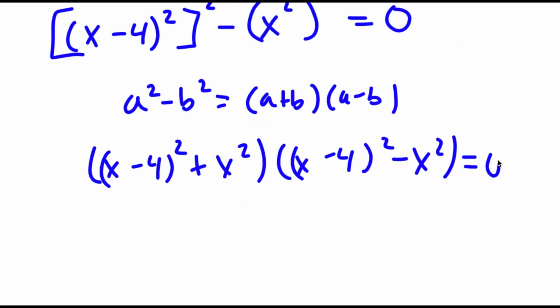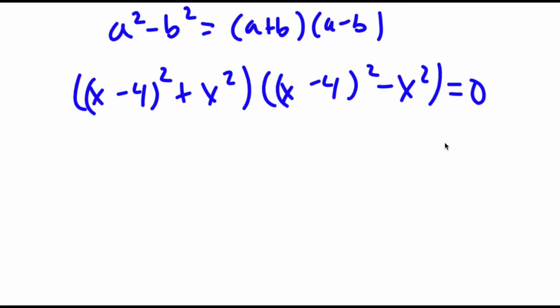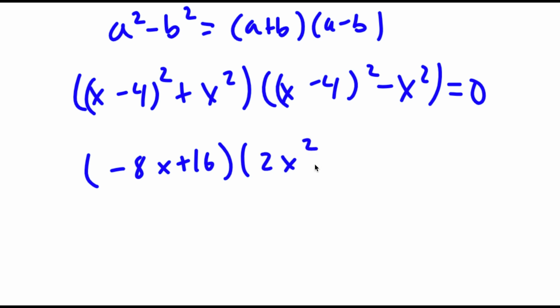And this is equal to 0. And now if I expand this, I get negative 8x plus 16 times 2x squared minus 8x plus 16 is equal to 0.